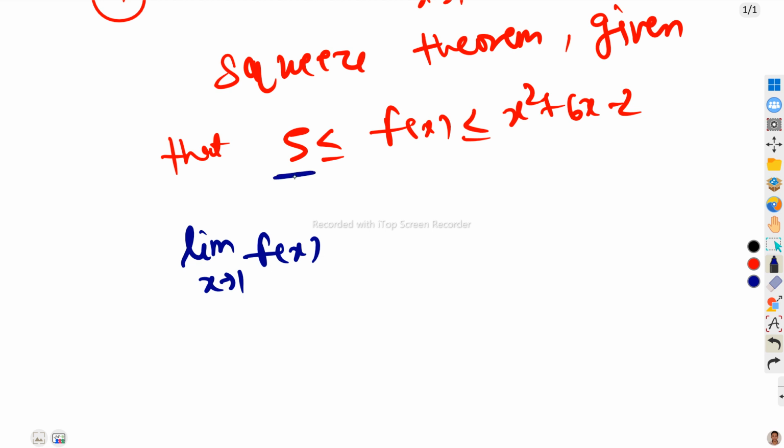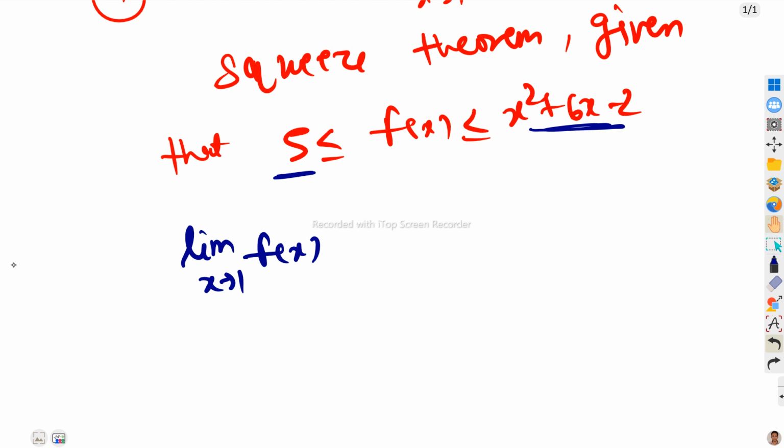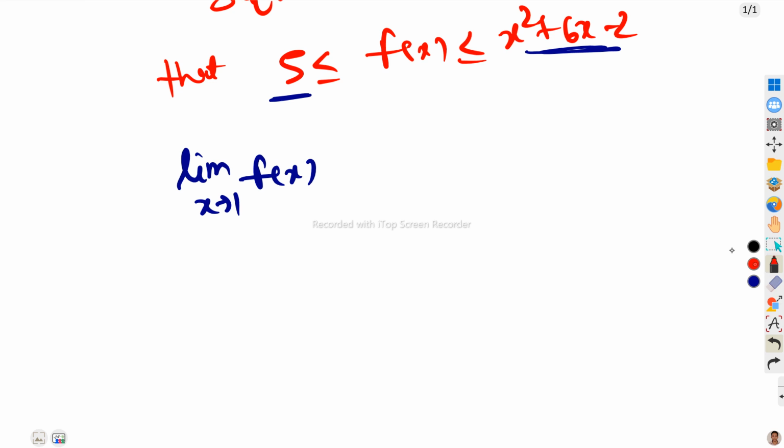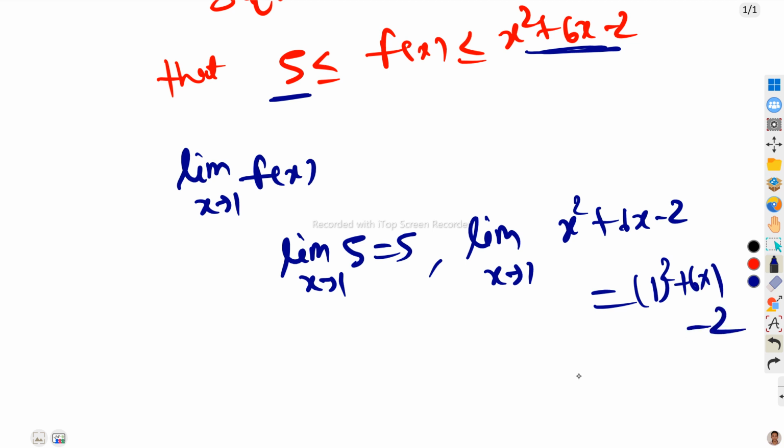We find the functions on the extreme sides and check whether they satisfy the condition of the squeeze principle. First we find the limit of the functions on the extreme sides. The limit as x tends to 1 of 5 equals 5, since this is a constant. On the right side, x square plus 6x minus 2 is a quadratic polynomial, so we can find the limit by putting the value directly, and this becomes 1 plus 6 minus 2, which is also 5.